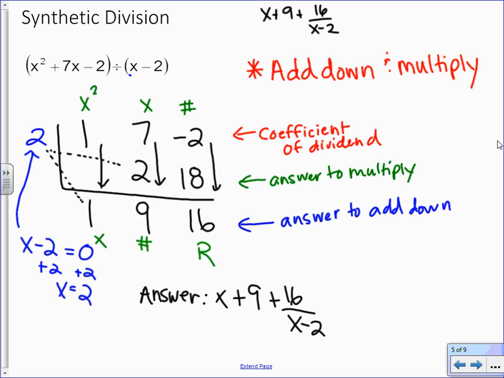Now, that one was not quick because we had never done synthetic before. But in the future, synthetic will be a faster division than the long division is. Okay. Does anybody have any questions about how I got any of my numbers? Yes, Jace.